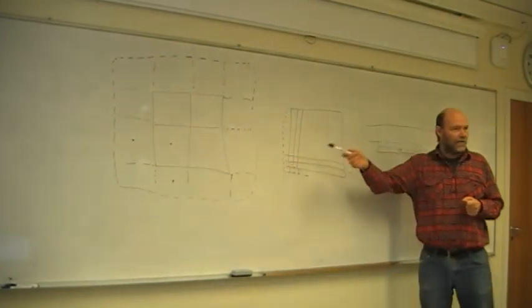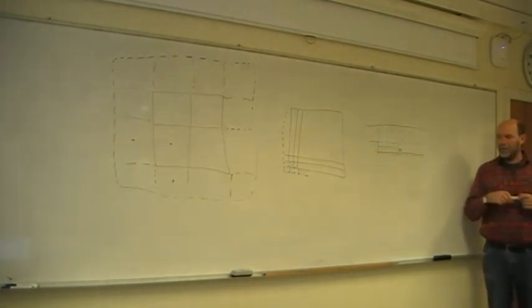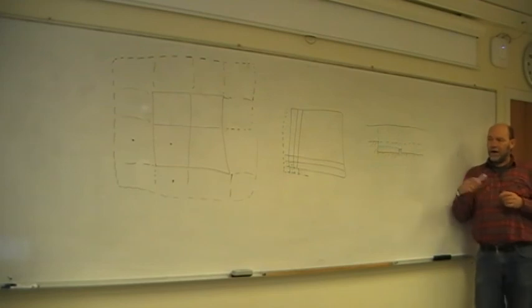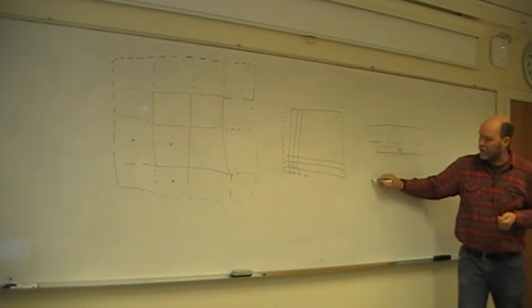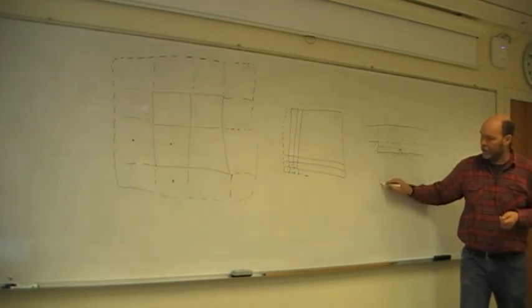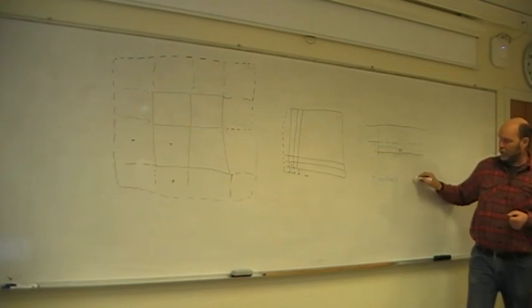Yes, you can easily use on every level the correct geometry here, and with worse geometry, you really can't do it. So what do you do? You use an algebraic multigrid.